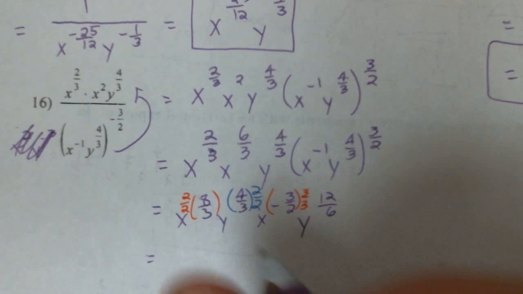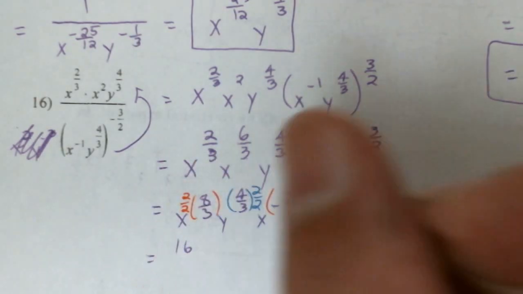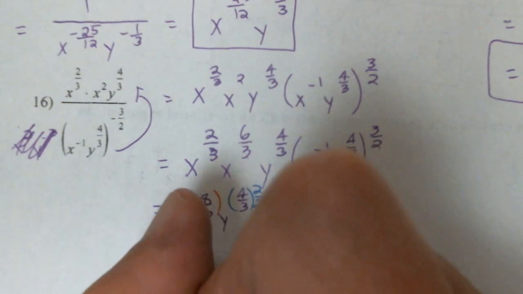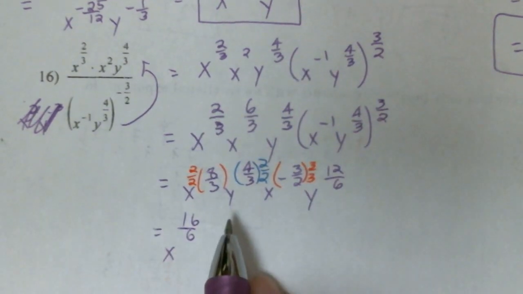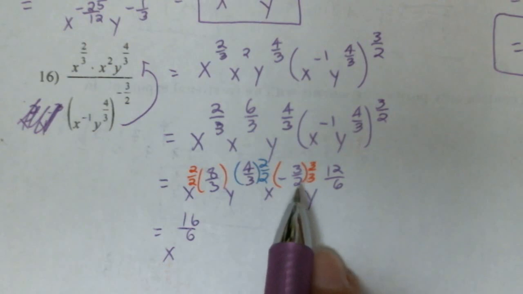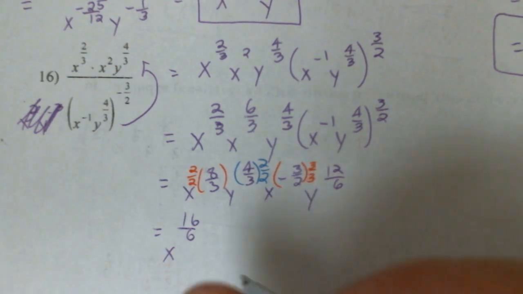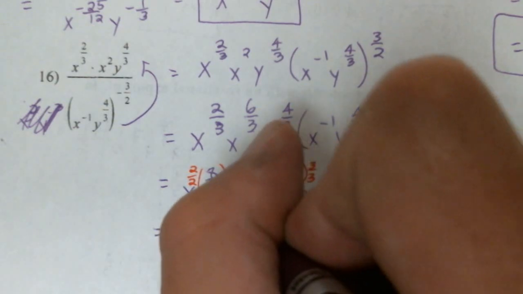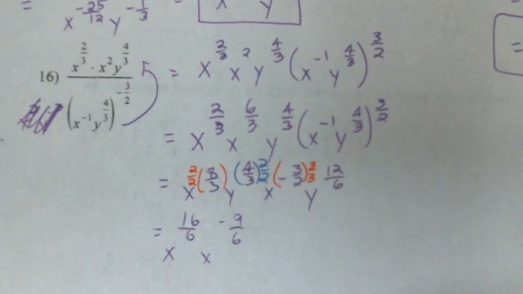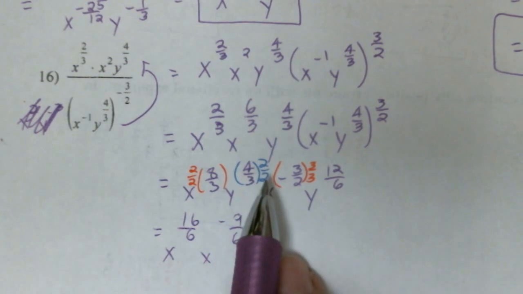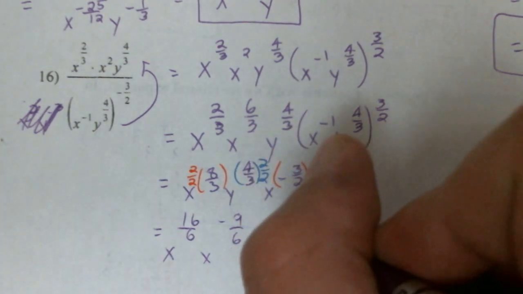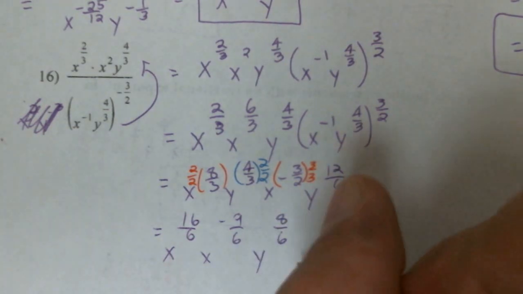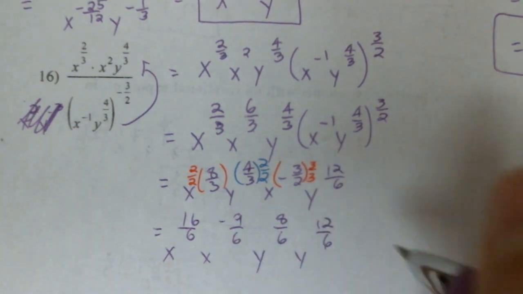So 2 times 8 is 16, so this is going to be x to the 16/6. And then I'll match that up with this x. -3 times 3 is -9, so I got x to the -9/6. When I multiply this, 4 times 2 is 8. So for the y's, that's going to be 8/6. And then for the other y, I have the 12/6.